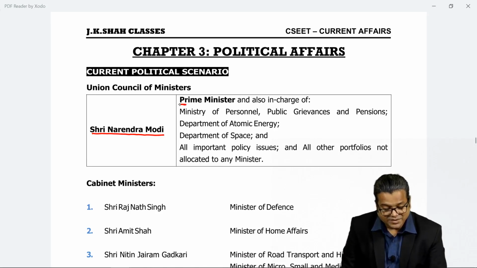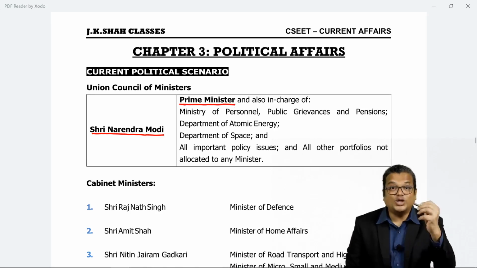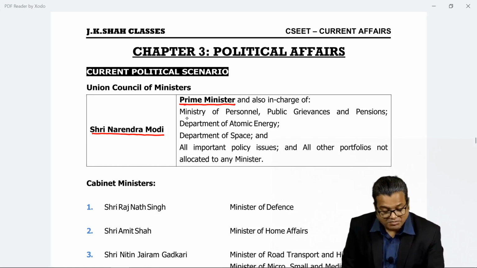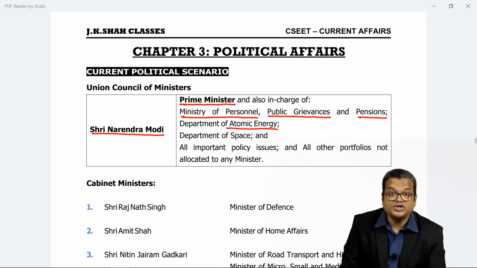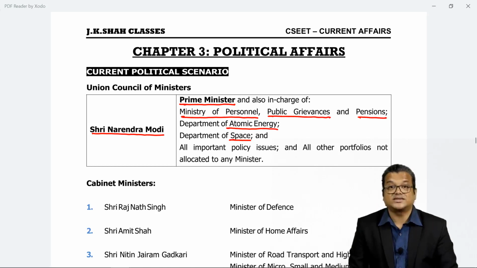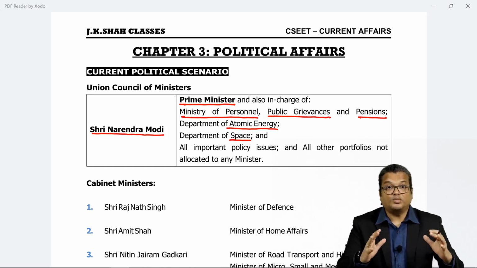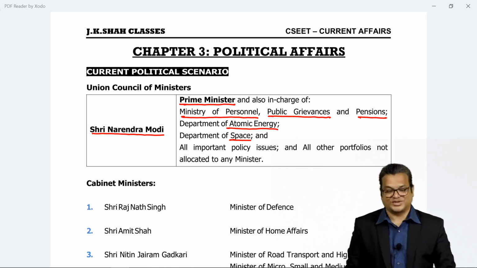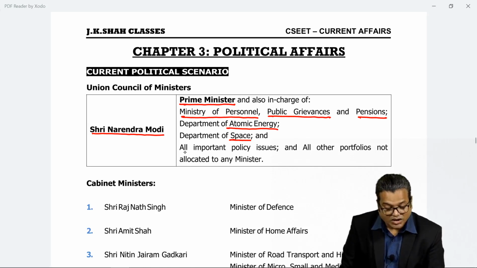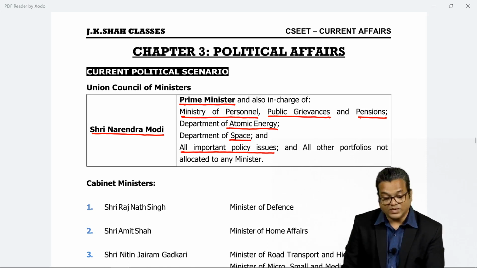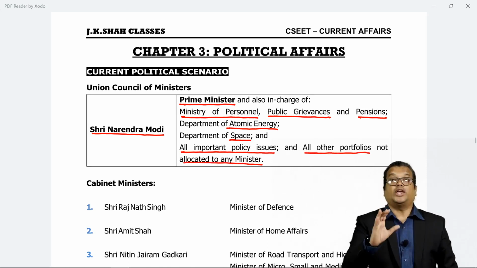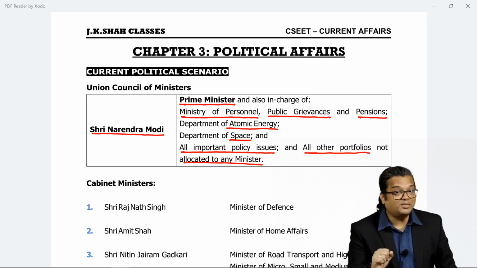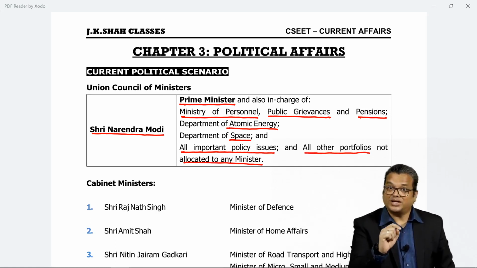He is the Prime Minister, right? Also, he heads the Ministry of Personnel, Public Grievances, Pension, Department of Atomic Energy, as well as Department of Space. All important portfolios. Also, all important policy issues and all other portfolios which are not specifically allocated to any minister are handled by Shri Narendra Modi ji.